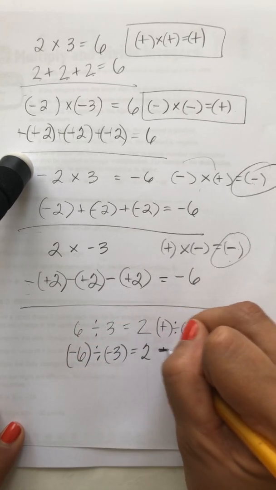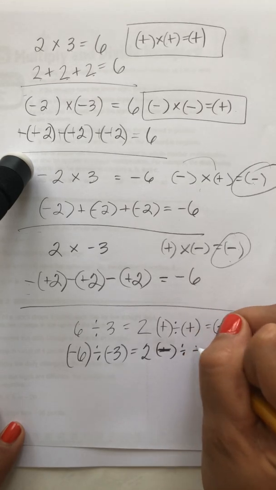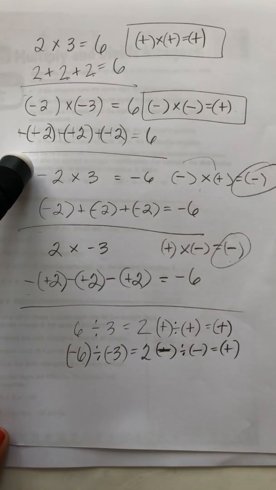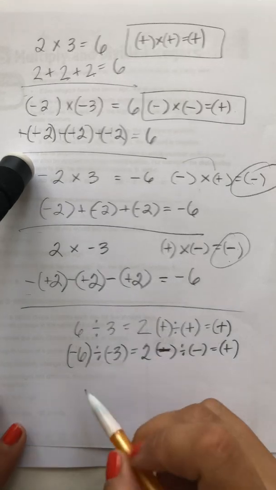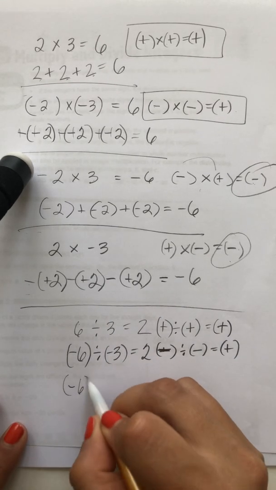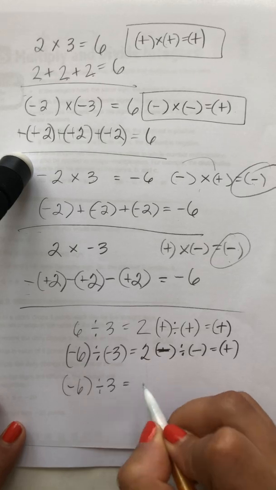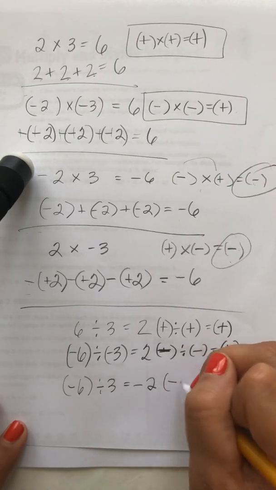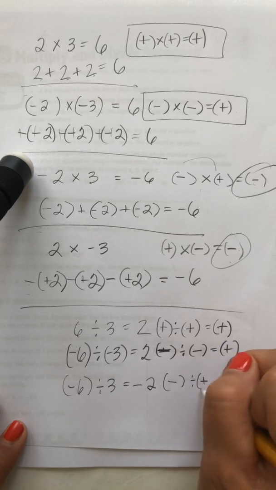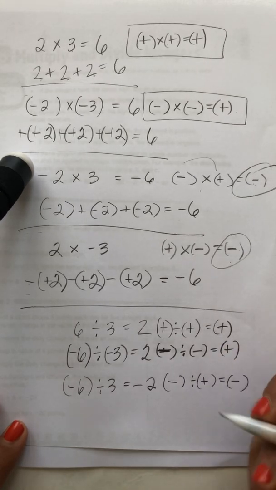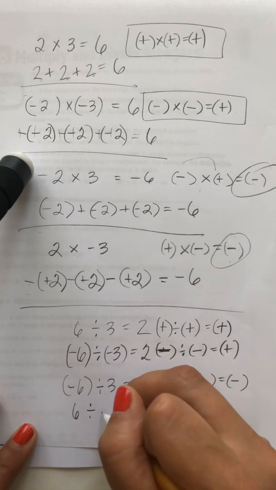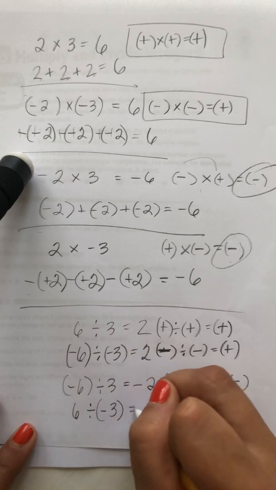So a negative divided by a negative gets a positive. So it's the same rules as these. And then dividing a negative by a positive gets you a negative. Same rule as this. A negative divided by a positive gets you a negative. And then the same thing on reverse. So a positive divided by a negative gets a negative.